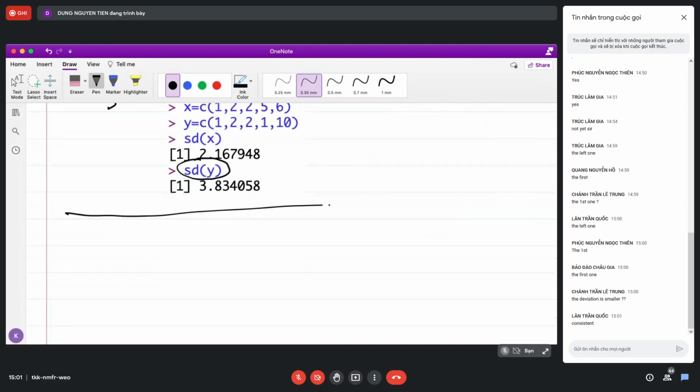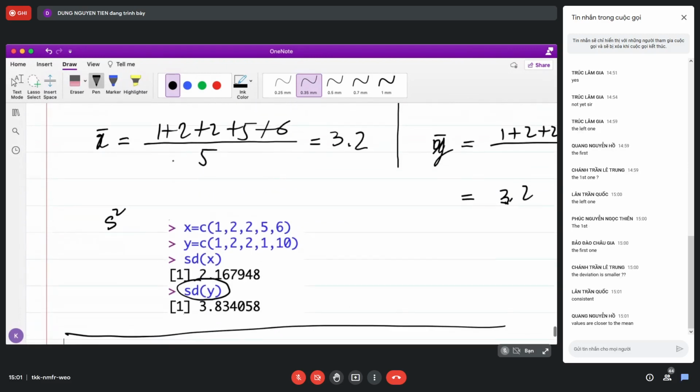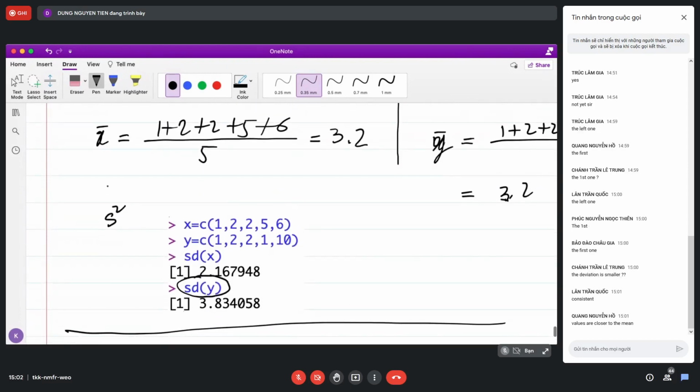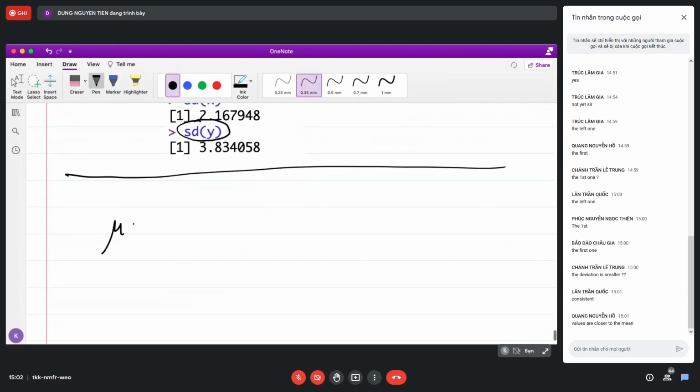Then we may want to find ways to estimate the error of the approximation. Correct. Suppose that mu is the exact value. Then you want to find mu minus x bar, or let's say x bar minus mu.